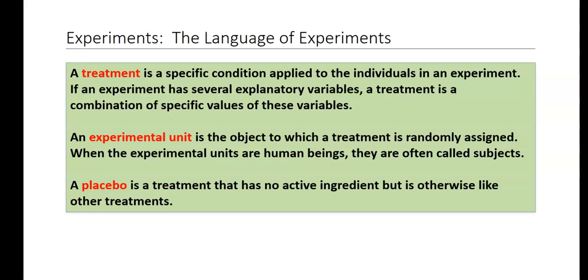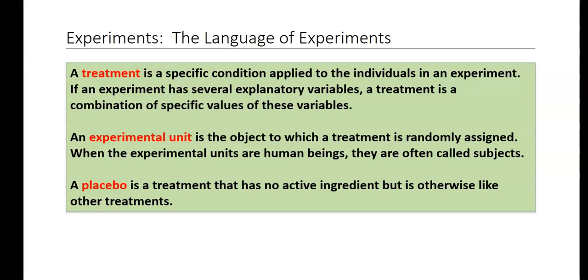It might be just as simple as giving out a drug to lower your cholesterol or something. It could be a drug. It could be some other variation of different levels of a drug, right? So an experimental unit is the object which you are treating, usually people, but sometimes things and sometimes animals. We will call whatever we're doing the thing on experimental units, typically.